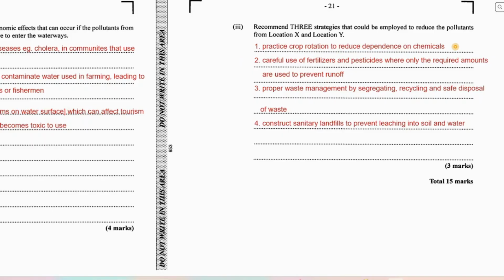Crop rotation, what that does is ensure that there is not a continuous stripping of nutrients from the soil. So one round of crops will take nutrients without putting anything back, but for the second round of crops, you may plant legumes, which will now add nutrients to the soil.